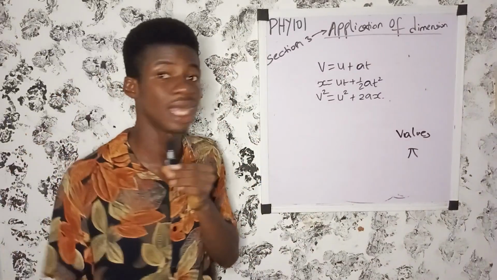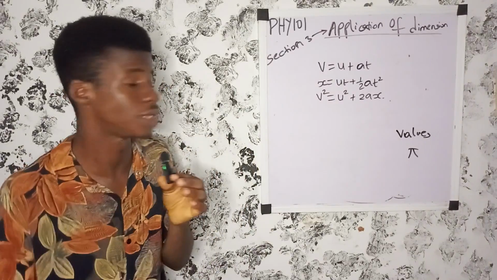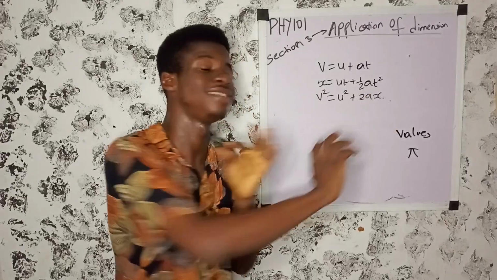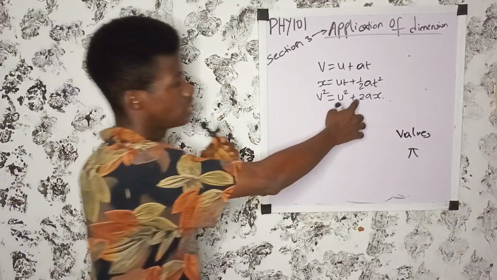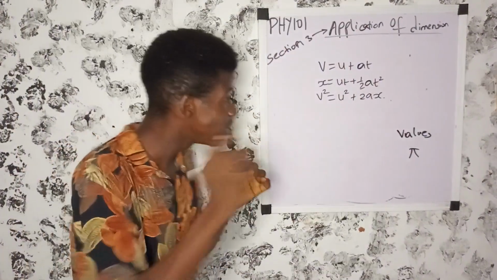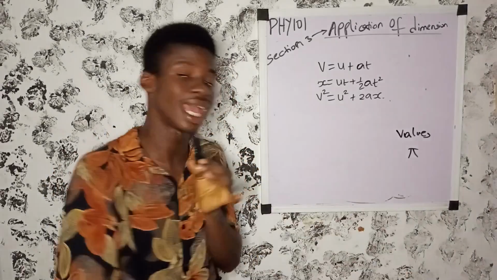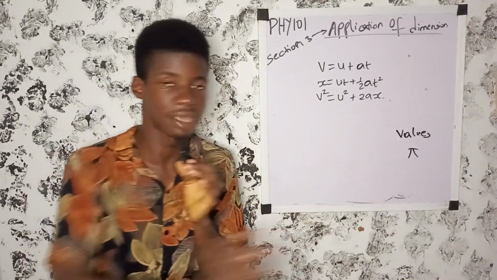Values, like one, two, three, four, five, half, any value at all, don't have dimension. When dealing with dimensional analysis, values don't have dimension. Also, a symbol like pi does not have a dimension.